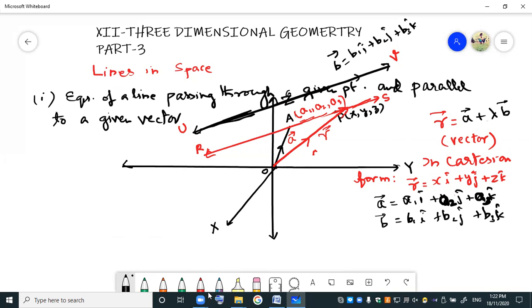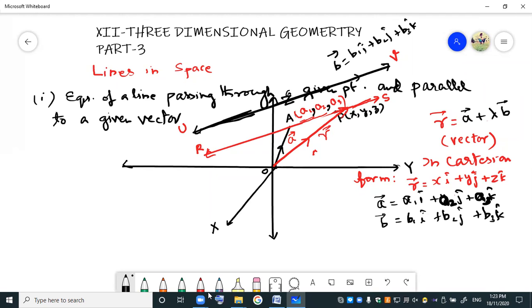See again. This is a line passing through the point A whose coordinates are supposed to be a1, a2, and a3, because generally if A is a point, we take a1, a2, a3. And B is a vector parallel to this line whose equation has to be written.